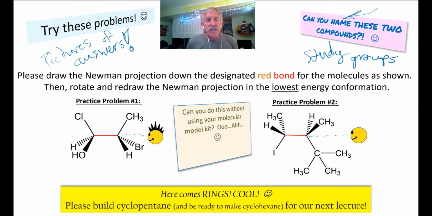Pictures of your answers that you can insert, copy and paste directly into your Jamboard before I even show up. Everybody needs to try these. I don't care how weird your Newman projections are, but don't come to our class and our study groups without some actual pictures of hand-drawn Newman projections for these 2 situations. Then we can talk about them.